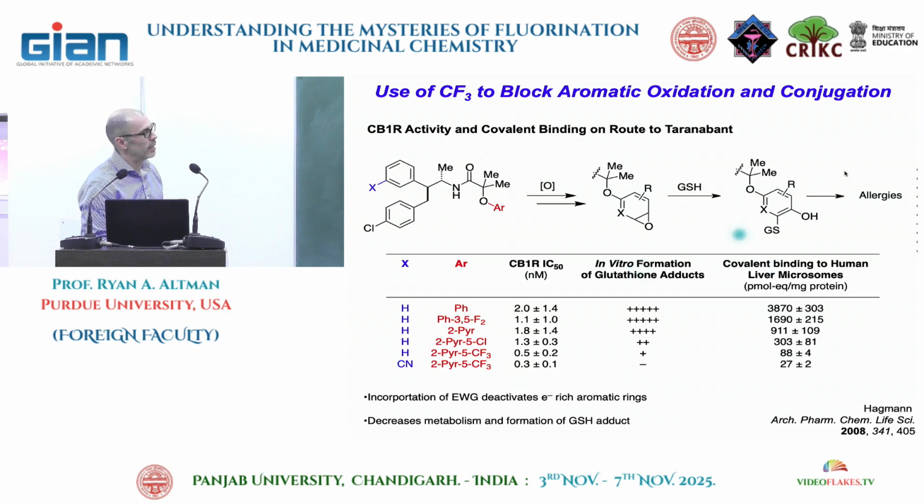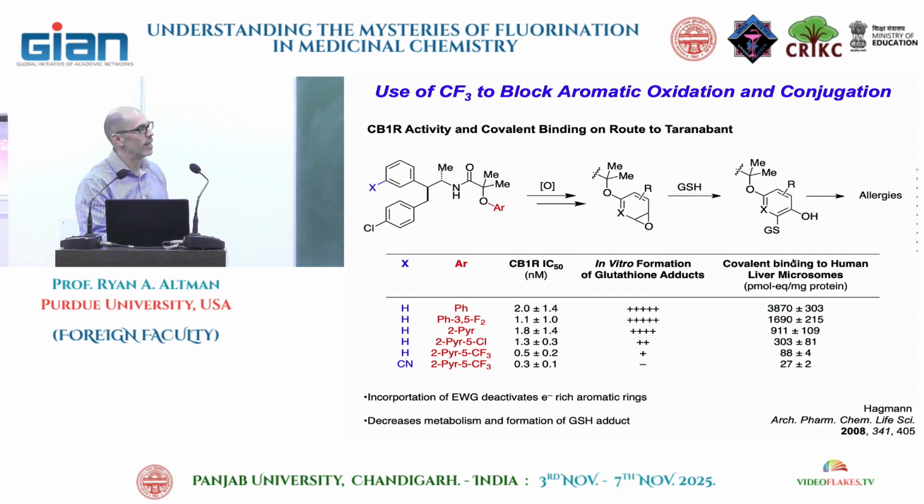And then a second thing that they could detect, when you have these arene oxides, they can also react with nucleophilic residues on the microsomes. And so you can detect adducts that have the drug bound to the microsome and quantify those.